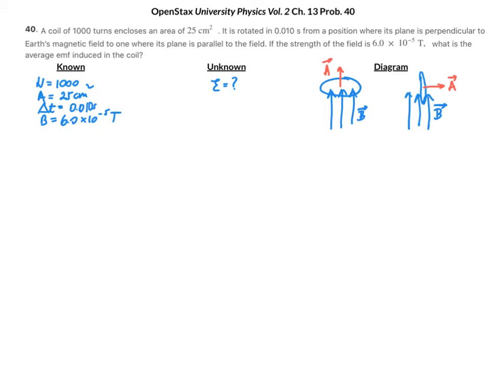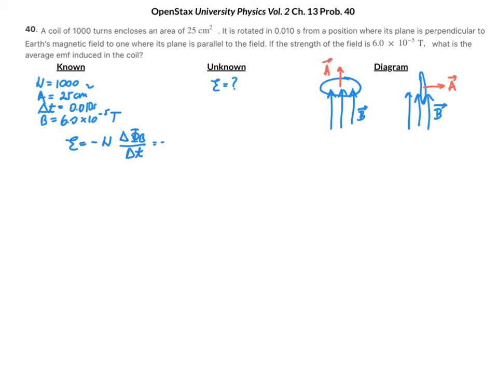All right, so it's a Faraday's law problem. So we'll write out the induced EMF. It's negative N delta phi B over delta T. So we have 1000 turns. We have to leave N in here.